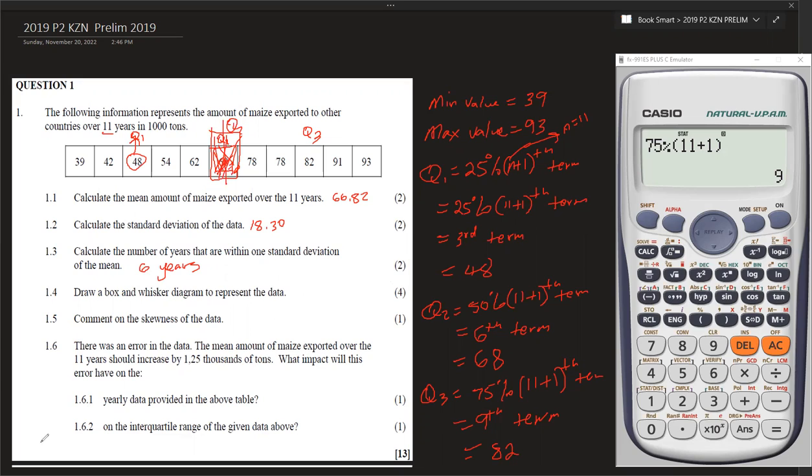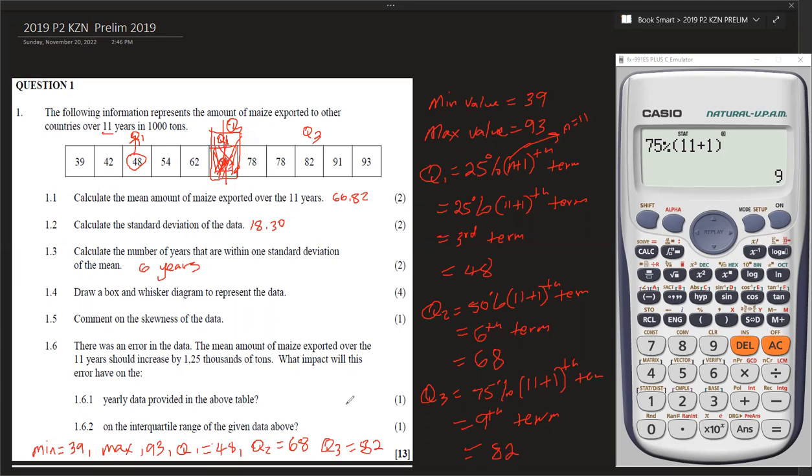Let me just list my things here. So minimum 39, max 93, Q1 48, Q2 68, Q3 82.